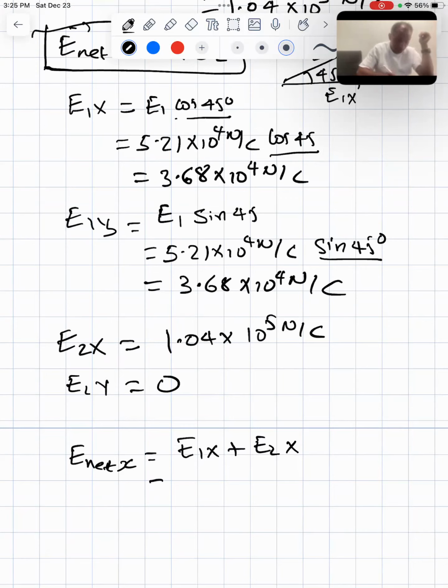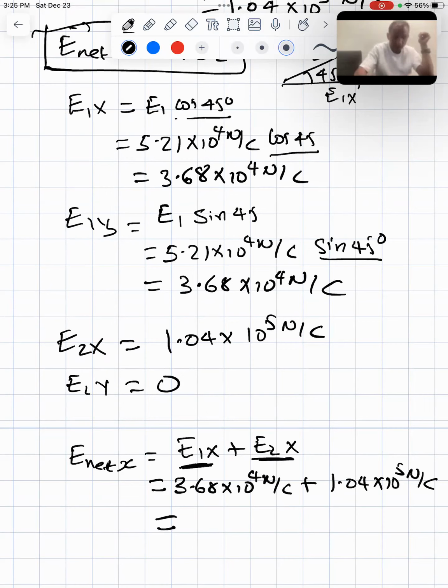So add 3.68 times 10 raised to 4 Newton per Coulomb plus 1.04 times 10 raised to 5 Newton per Coulomb. Add the X component of vector E1, add the X component of E2, and that's how you find it. Do the algebra. If you see any type of error, fix it by yourself.